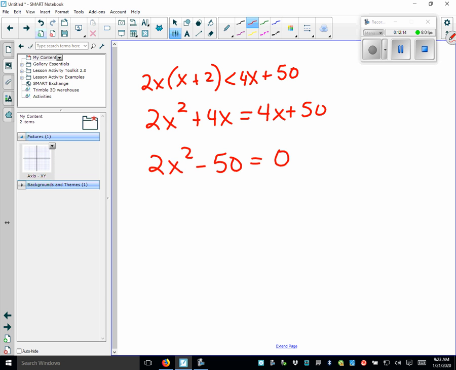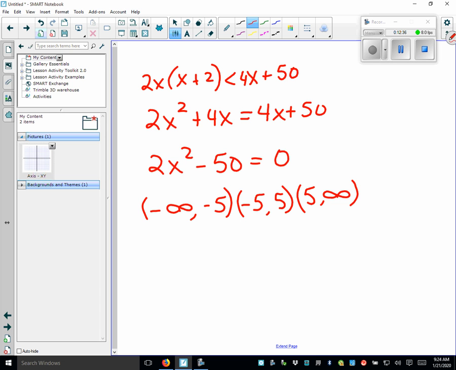Is that what you got? So I have negative infinity to negative 5 with a what? Parenthesis. Parenthesis, negative 5 to 5 and 5 to infinity. Right?